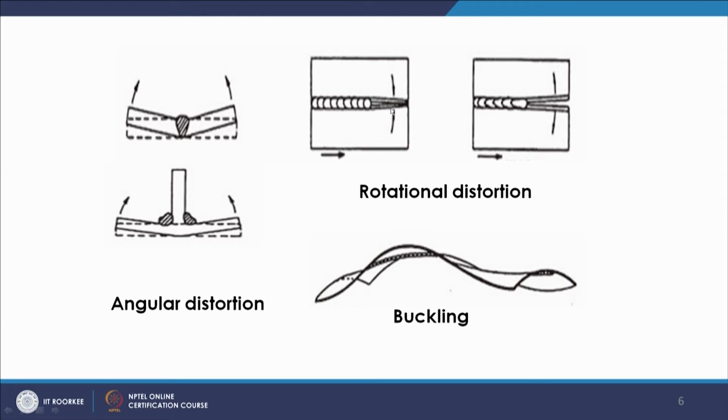So, in this case these two edges either come closer or go away. This is the example of rotational distortion.